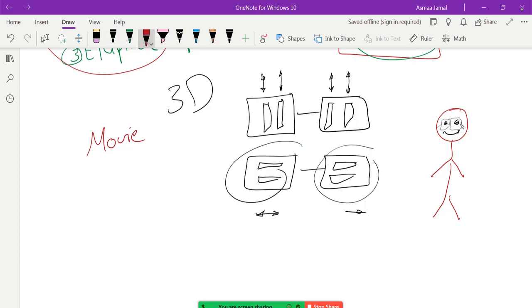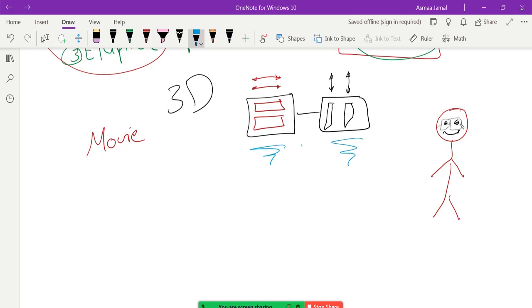So the glass will be like this. One allowing the vertical and the other one will allow the horizontal shape. This idea will give you a slight difference in the images between two eyes. So this one will allow the vertical vibration to pass, while this one will allow the horizontal vibration to pass.